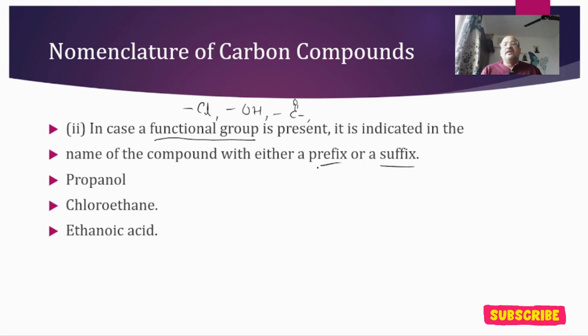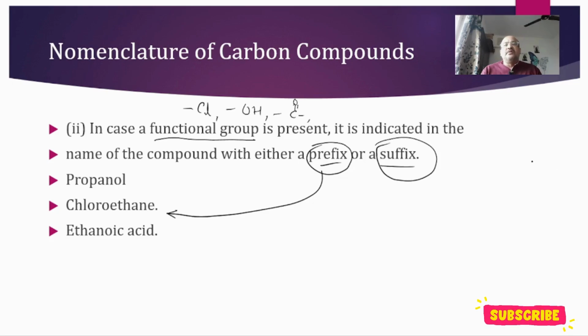A prefix means it will come earlier than the parent carbon, and a suffix means it will come afterwards, after the parent carbon. That we need to remember. A few functional groups come as prefix and a few come as suffix.